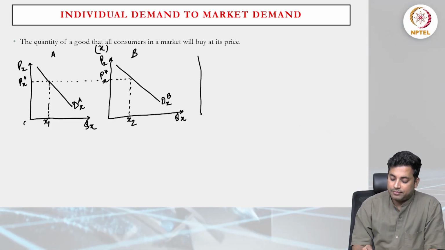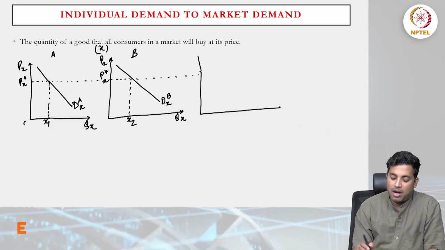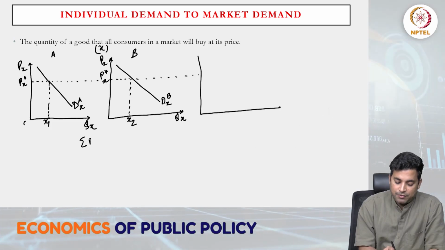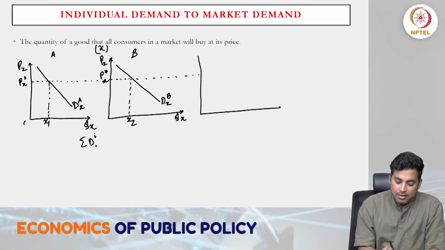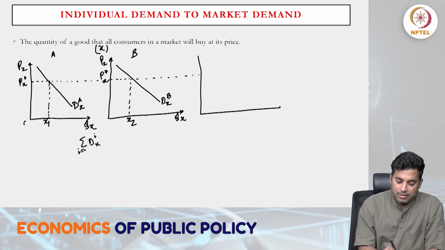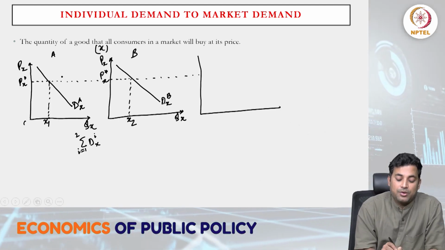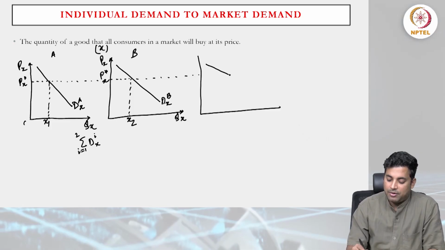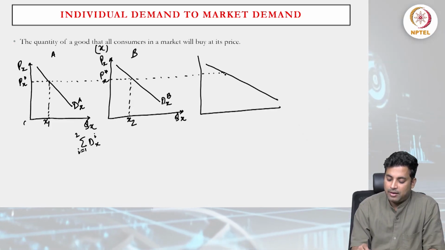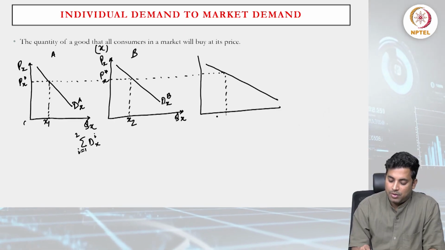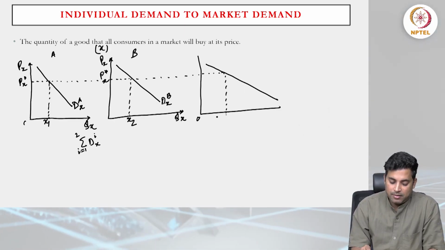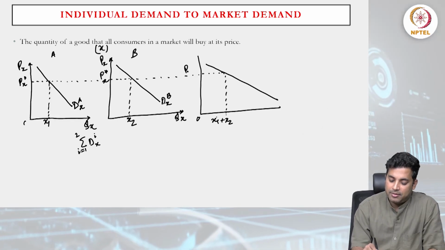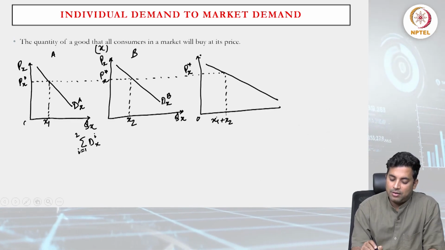Then the market demand curve will be the horizontal summation of d i X, where i equals 1 to 2. We have considered only A and B, only two individuals, and it will be flatter, and here the total quantity will be X1 plus X2 at Px star of the price.